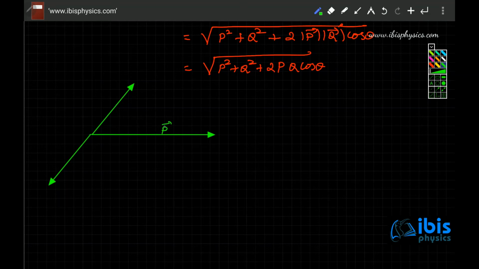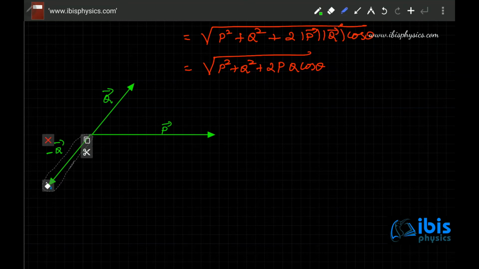If this was p vector, this was q vector, this is minus q vector, but the length of this line and the length of this line will be the same. Now you bring this minus q vector to the head of this vector and find the magnitude of this.